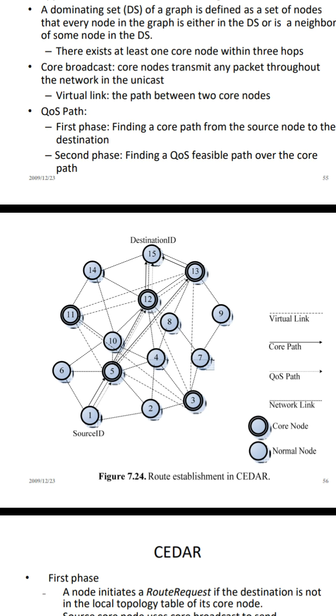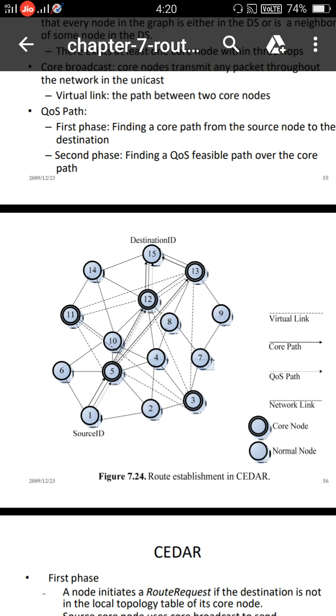Now the core broadcast. The core node broadcasts or transmits any packet throughout the network in unicast. To get quality of service in the path, two types of paths are available.